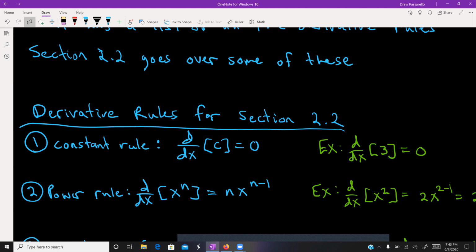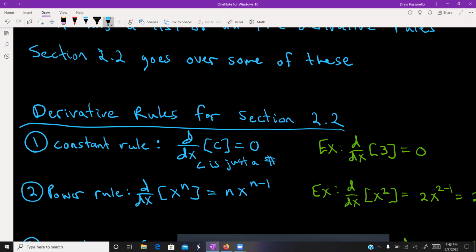In particular, the first rule is called the constant rule. It says that the derivative of a constant is always 0. So c is just a number, and the derivative of just a number is equal to 0. That's pretty much it for that rule. What's in green is an example demonstrated.